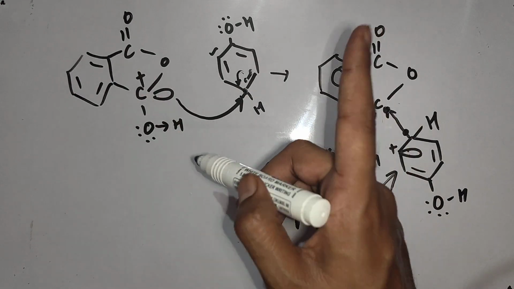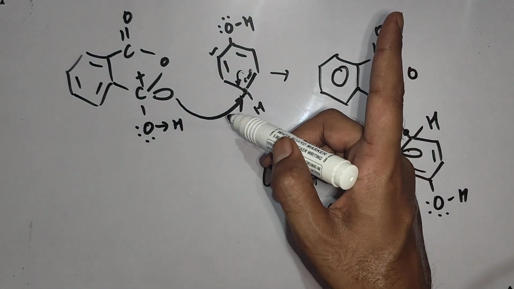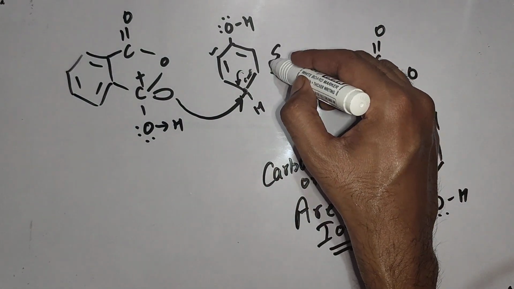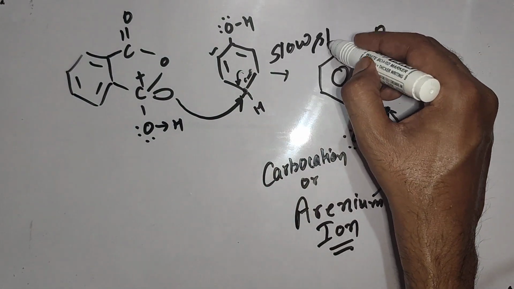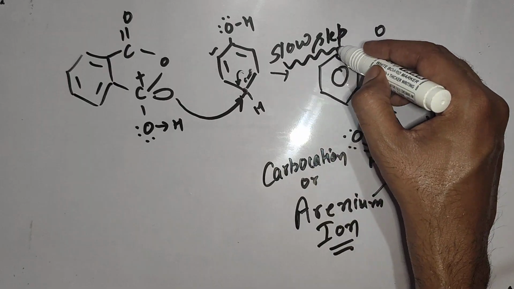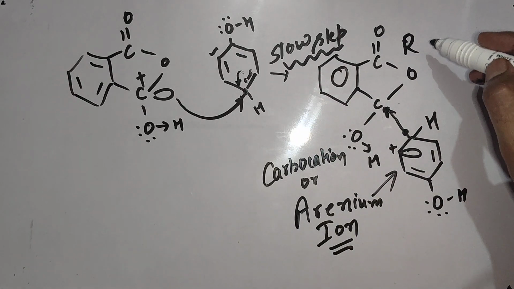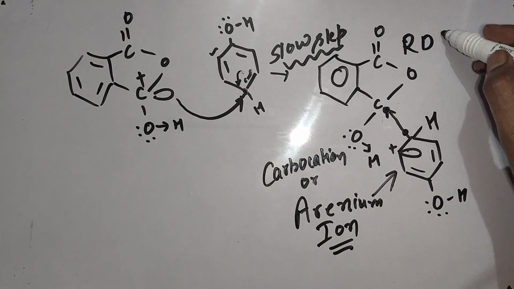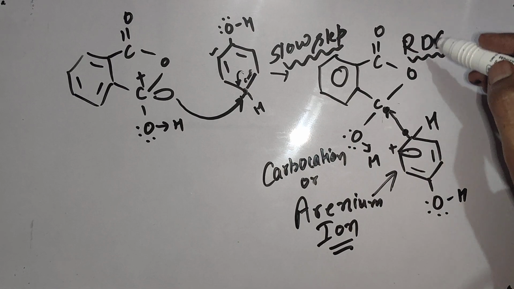And this step is known as the rate determining step or slow step. All the slow steps are known as rate determining step, RDS you can call it.